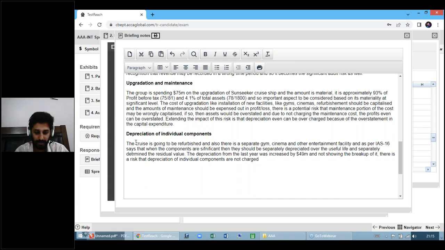And so the assets of individual components may be over or understated. Since we don't know what is actually the matter, it may be overstated, it may be understated, so you should write down the over or understated.